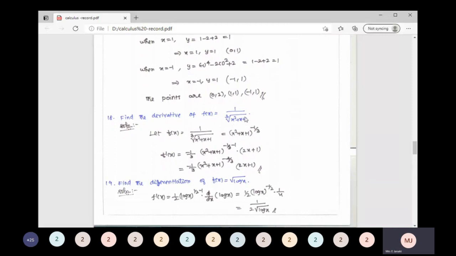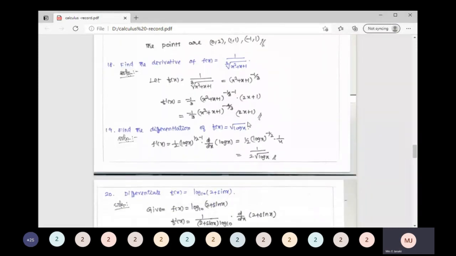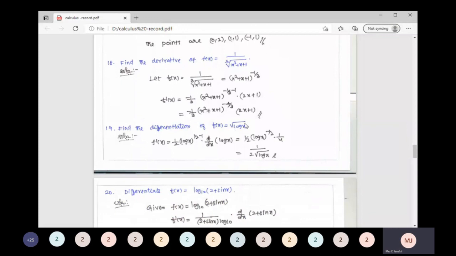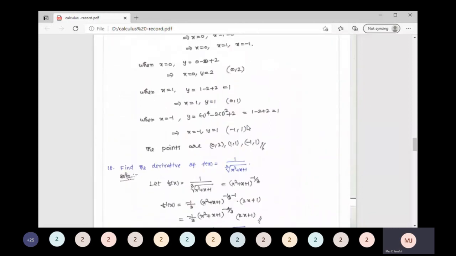For this type of problem also, you can use the substitution method. X square plus x plus 1, you can consider this as some other variable. X square plus x, you can substitute t. And also in the 19th problem, root of log x, you can substitute log x is equal to some other variable t, right? Then we can solve as usual, right?